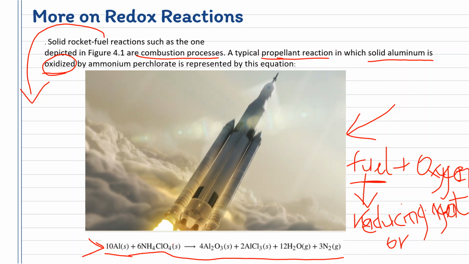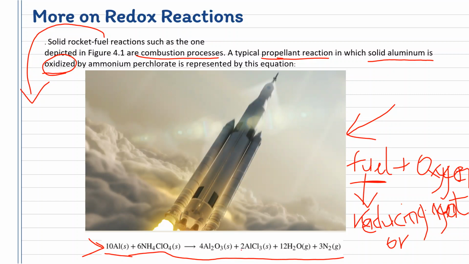So we have our oxygen term here to help oxidize aluminum. The oxygen here is just supposed to help cause a reaction with aluminum. So our reducing agent, or the fuel, we see aluminum acting as the reducing agent. And so we're going to have a big reaction here, a propellant reaction.